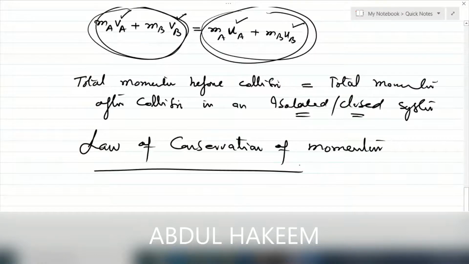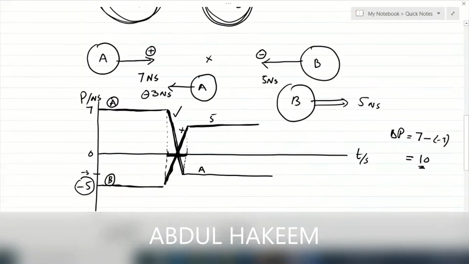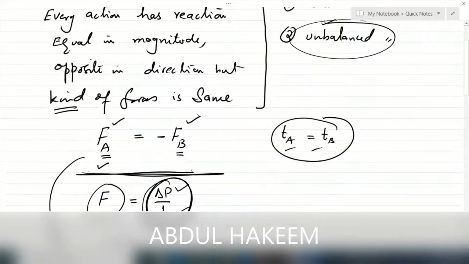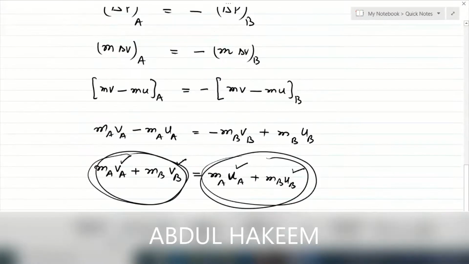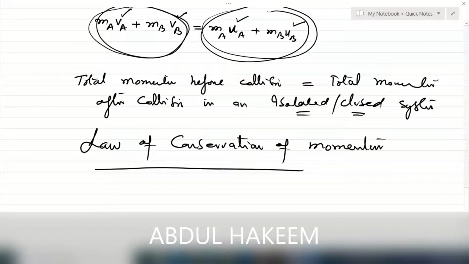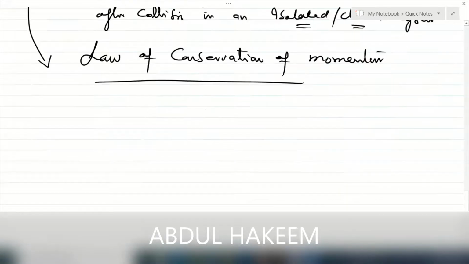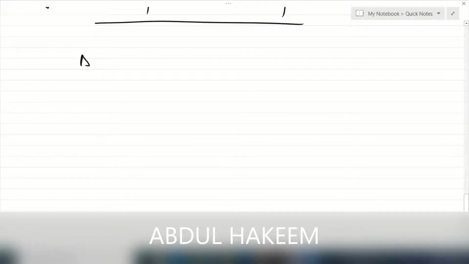So the Newton's third law, we started it from Newton's third law. Look, this is the Newton's third law, and this is the final shape. So Newton's third law is also the law of conservation of momentum. Now, important, change of momentum is force into time.